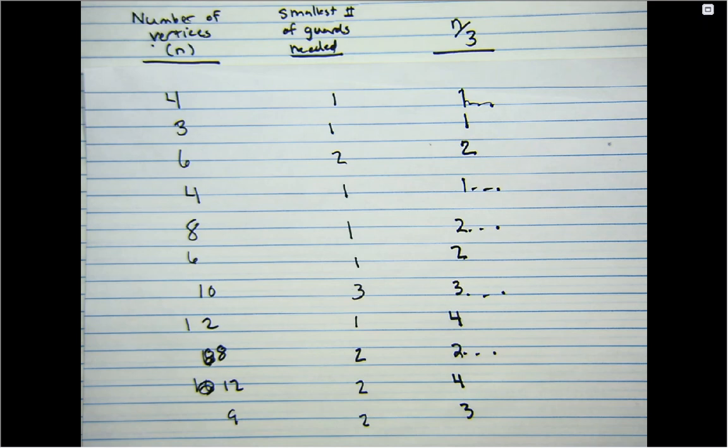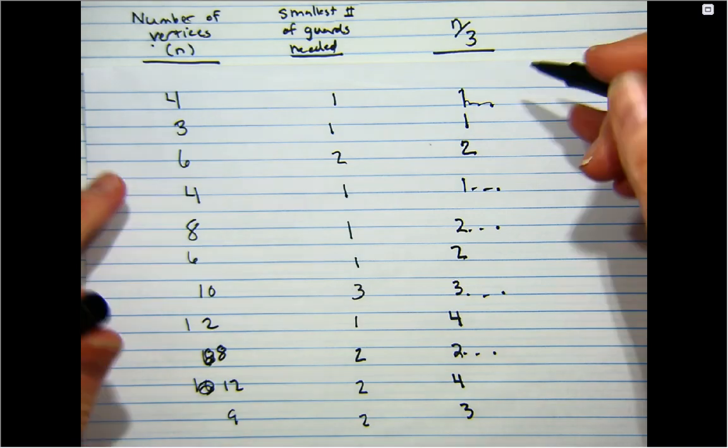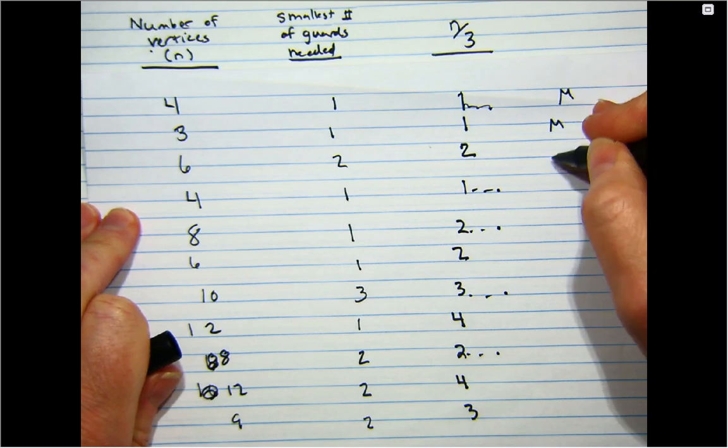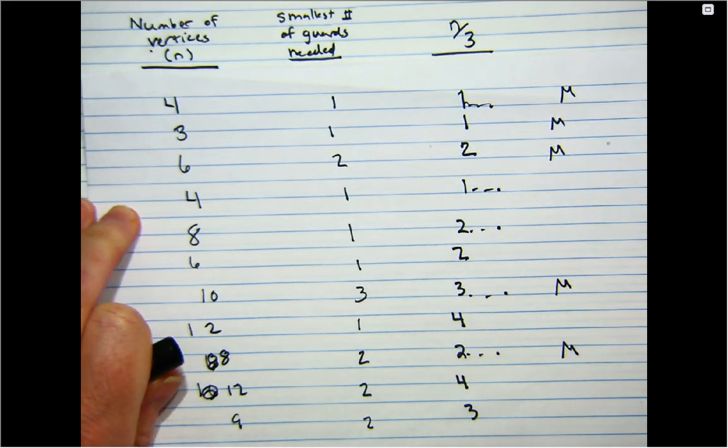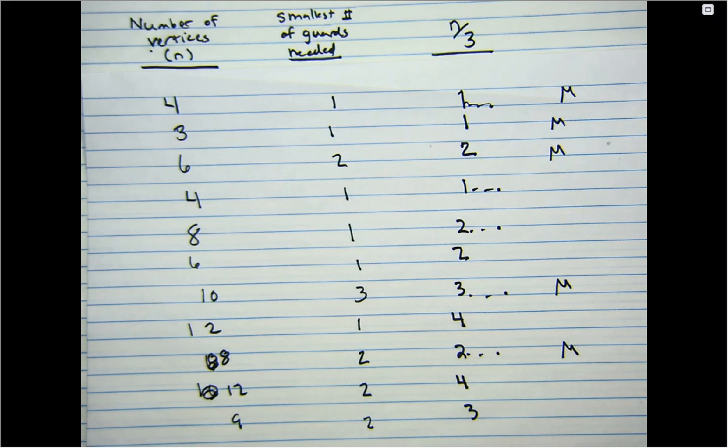Now I'm going to ask you about it. What do you notice about the second column and the third column? A lot of them match. Let's see which ones match. This one, this one, this one, this one, this one. Okay, so the ones that don't match, what can you say about the two columns?